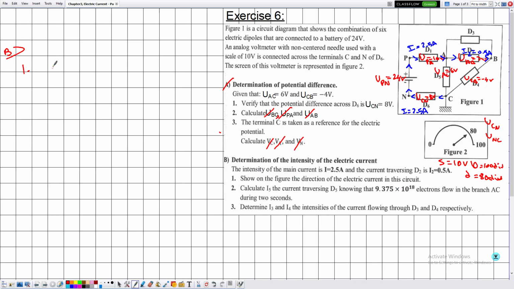Now let's take the branch PA. Since the electric current traverses from high potential to low potential.